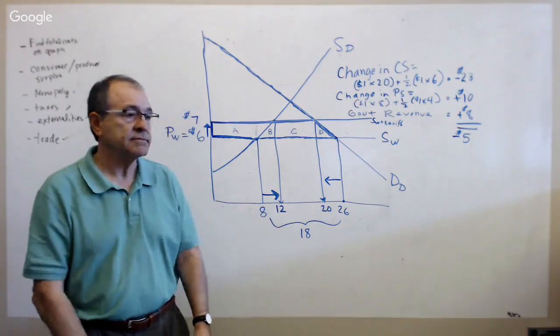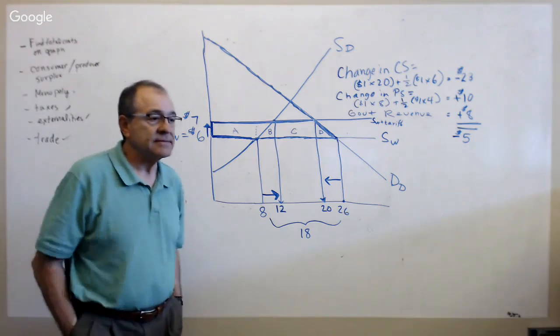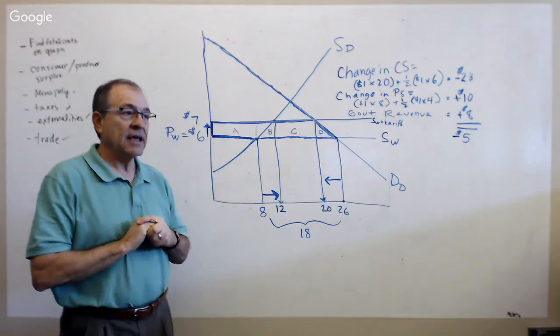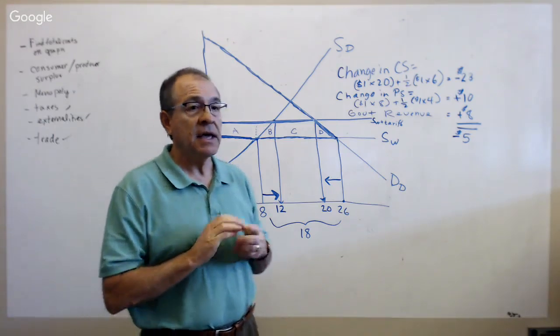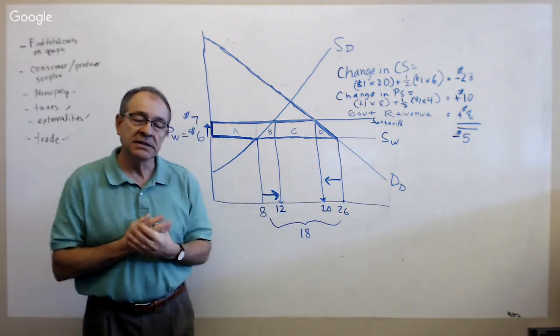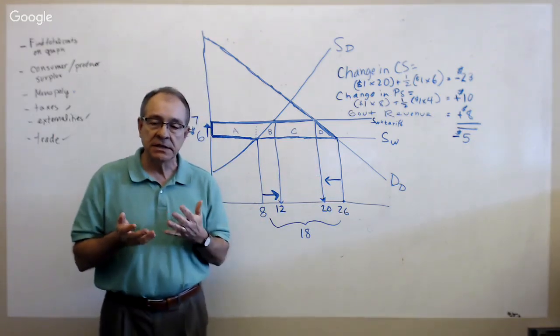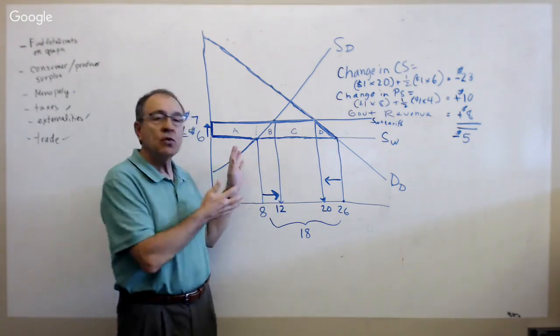So if we were in a negotiation and I'm the foreign country and you're the domestic country, what do I want? Tariff or quota? Well, it depends. Neither, right? No, actually, it depends. That's a great question, actually. The reason it depends is that in the short term, if you're the foreign supplier, you want the quota.